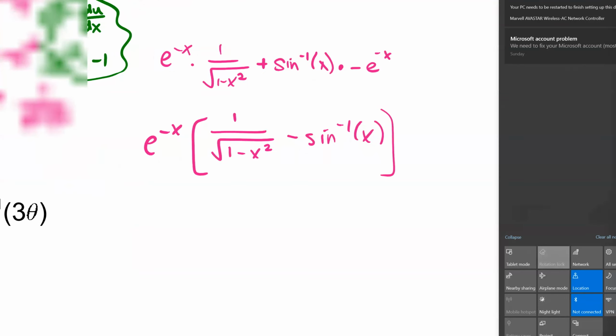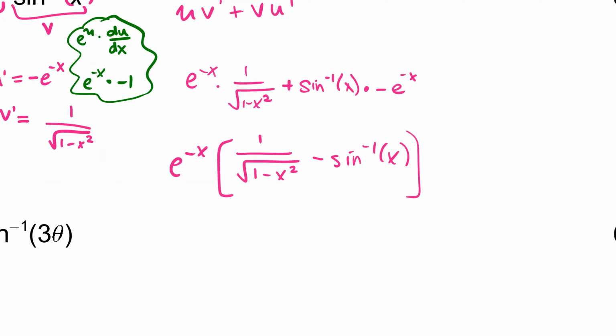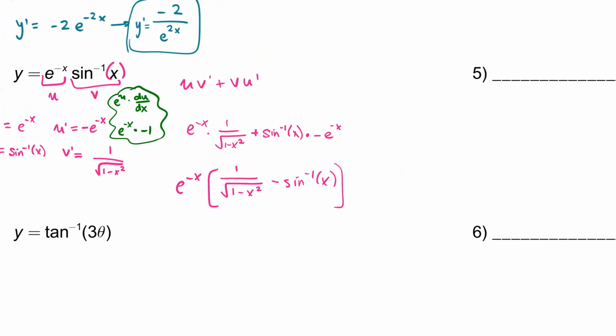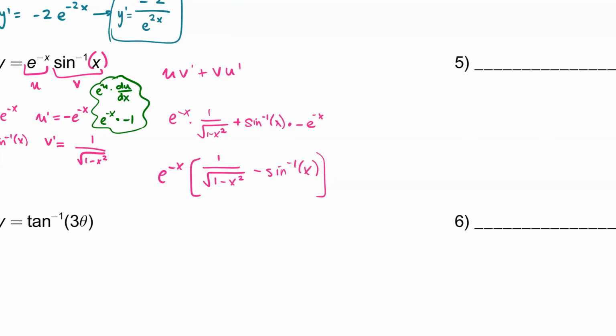But then when you take out the e to the negative x... Ideally, when you have a negative exponent in a fraction, move it down. If you have e to the negative x, I'm not going to be as picky if you're going to bring it to the bottom of a fraction.